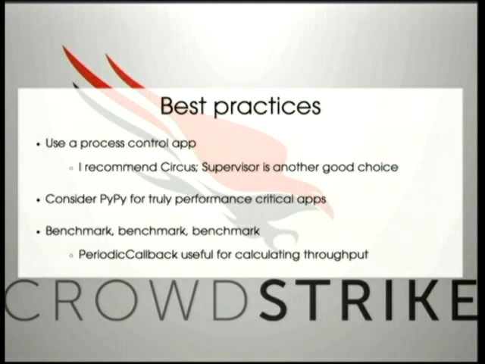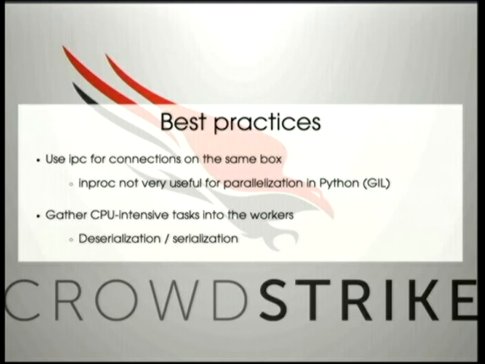Some sort of process control app is necessary, either Supervisor or Circus. You're going to have a lot of different pieces that are implementing different parts of the pipeline. And I just want to put a shout out for PyPy. It is really mature. There's been a lot of work to make it truly perform. As opposed to old-fashioned CPython? Correct.